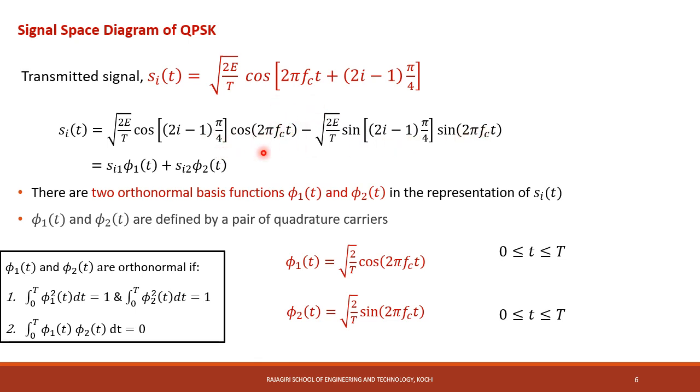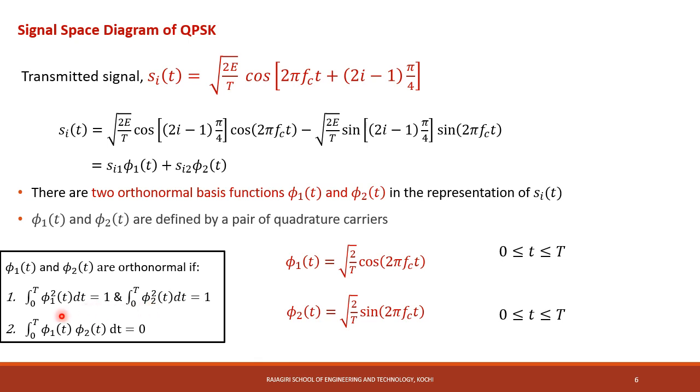From this expression, you can see that the transmitted signal can be expressed as a linear combination of two basis functions. So you need to define the basis functions phi1 of t and phi2 of t. The basis functions should be defined in such a way that they must be orthonormal in nature. That is, two conditions have to be satisfied. One is each basis function must be normalized to have unit energy.